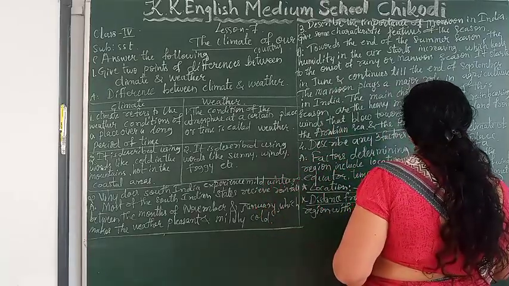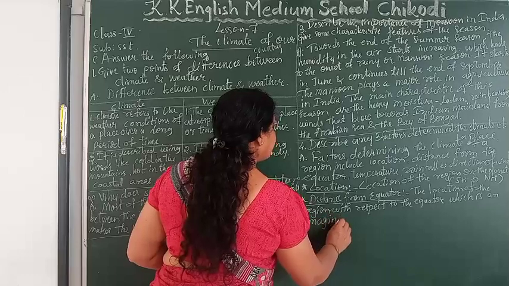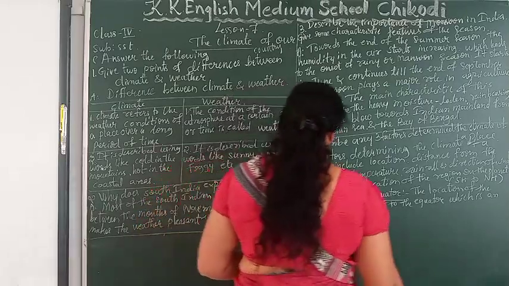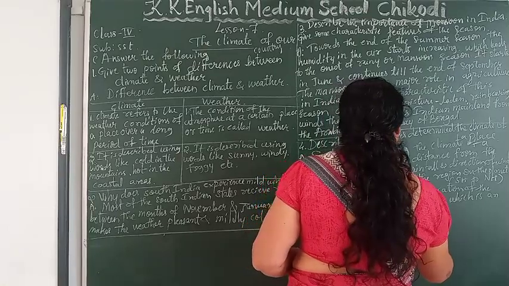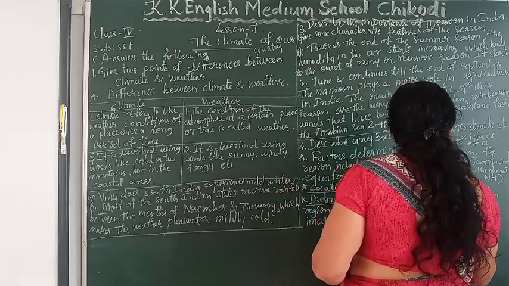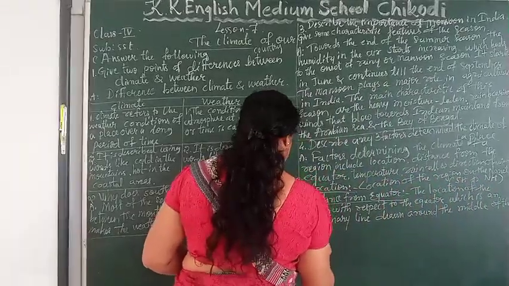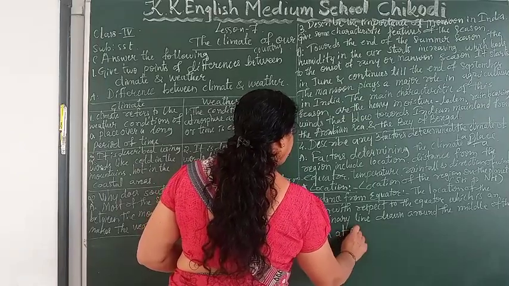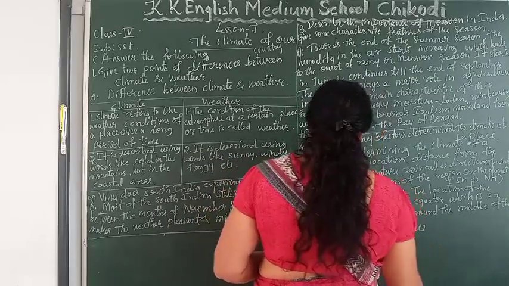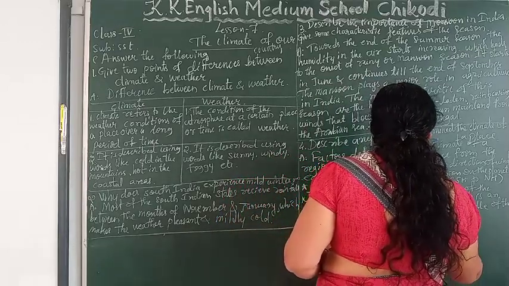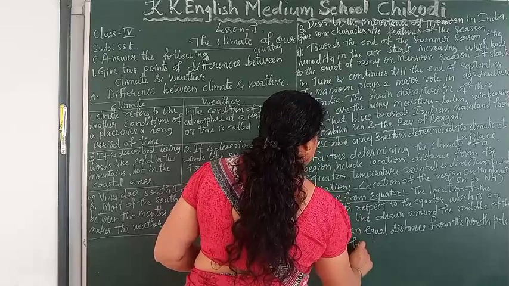Which is an imaginary line drawn around the middle of the earth at an equal distance from the north pole to south pole.